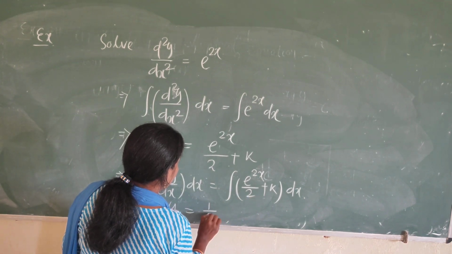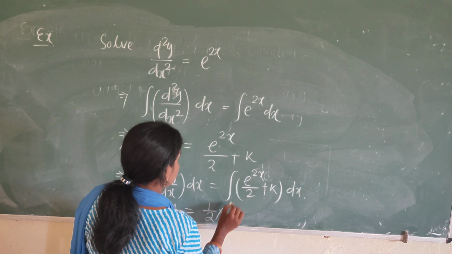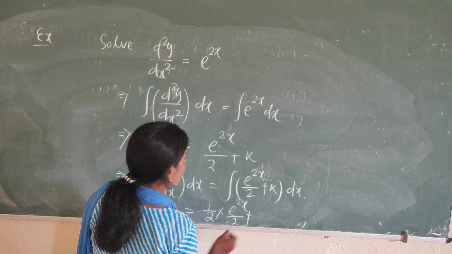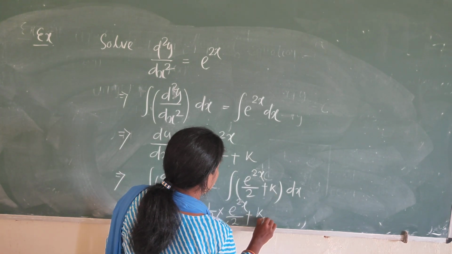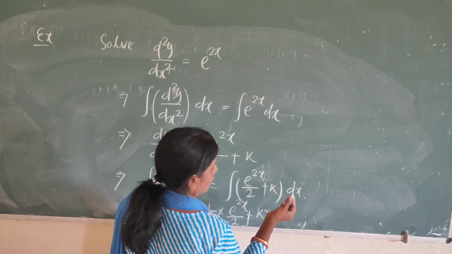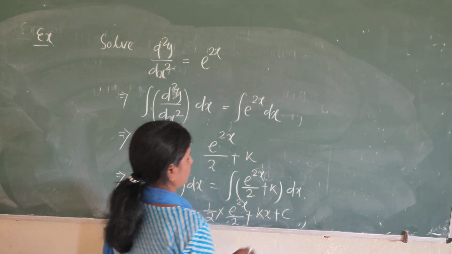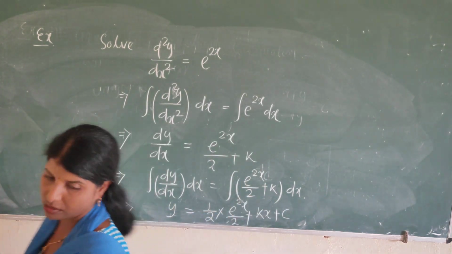Here 1 by 2 is constant and the integration of e to the power 2x is e to the power 2x by 2, and integration of constant is kx, and another integrating constant is c. This is our solution.